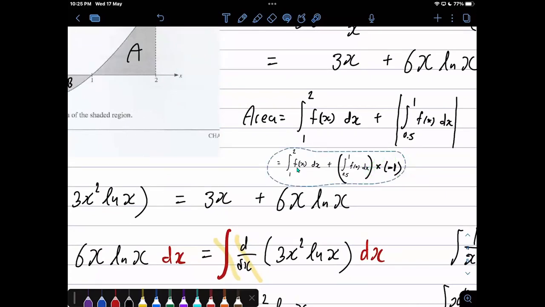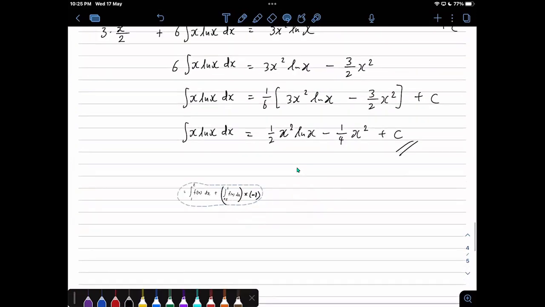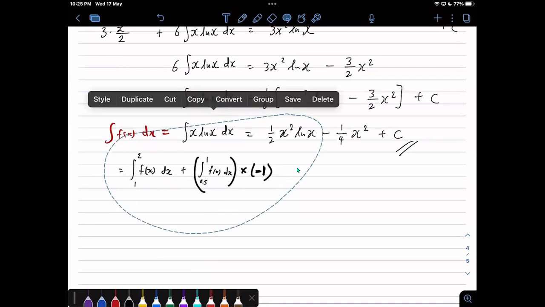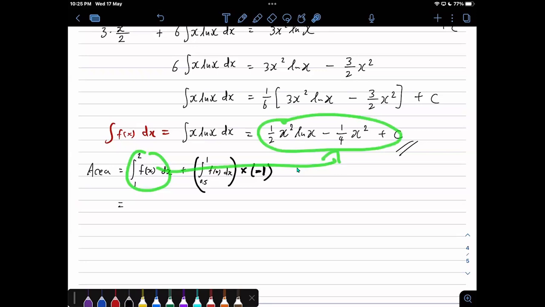So now with this expression, we can carry on and find the area. Because I already wrote it as f of x, this itself is the integral of f x dx. So let's recycle our working. Area equals the integral from 1 to 2 of f x dx. So this, integrated, will just give me that, correct? Do we need the plus c?